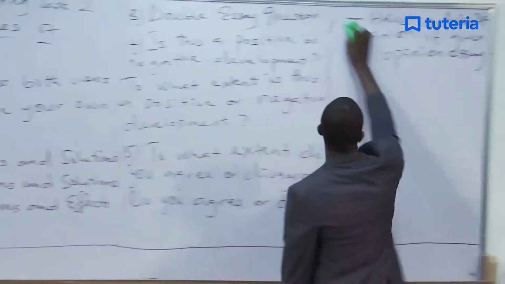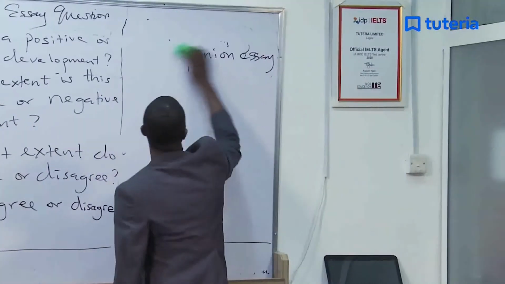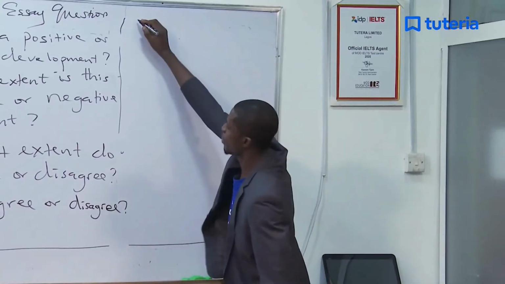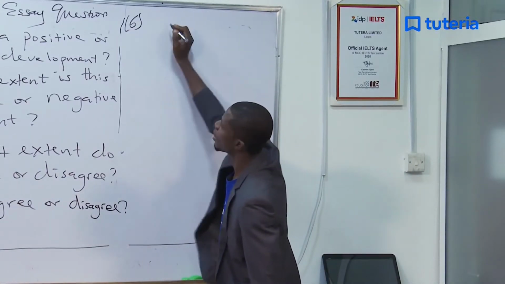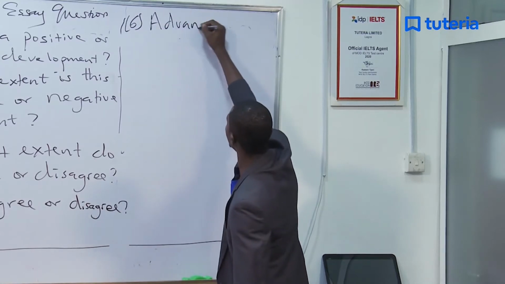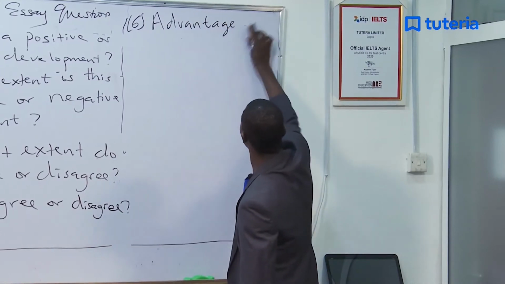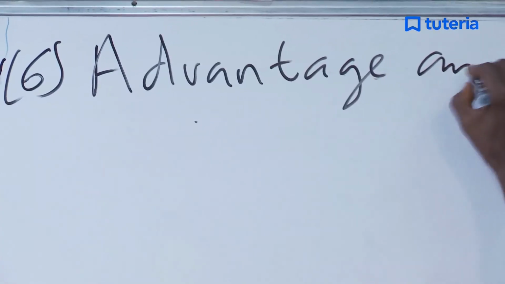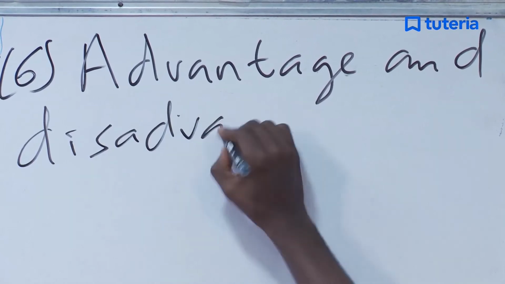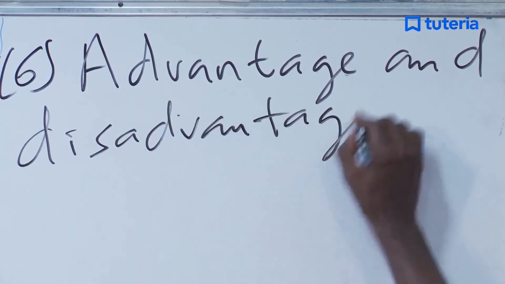Then we have 6, advantages and disadvantages.